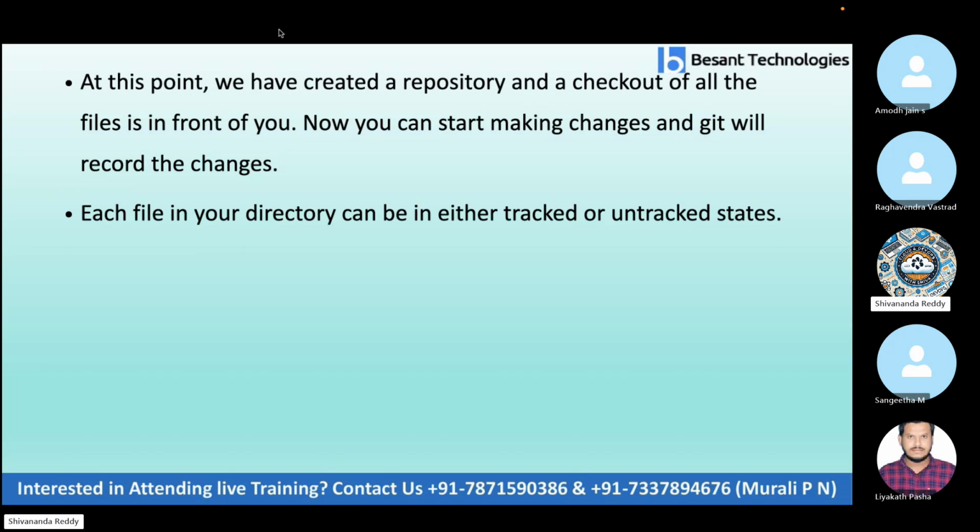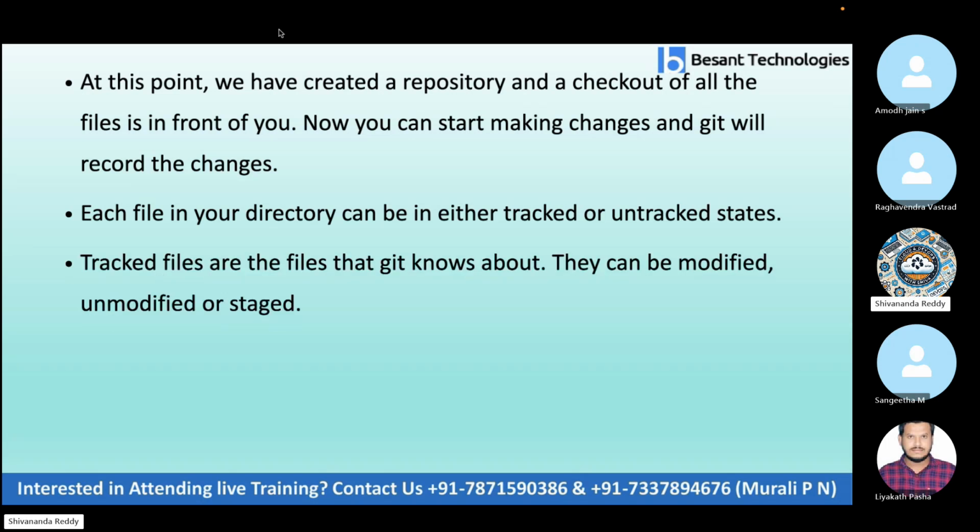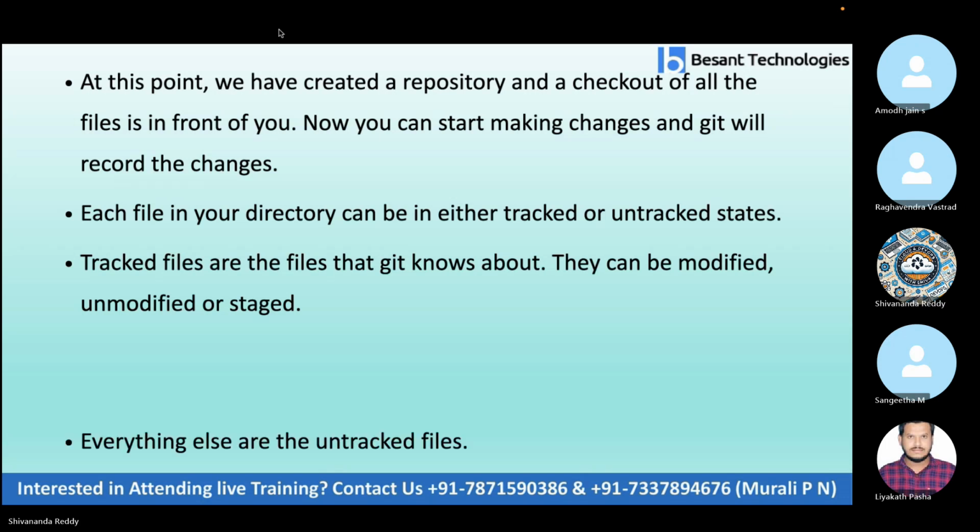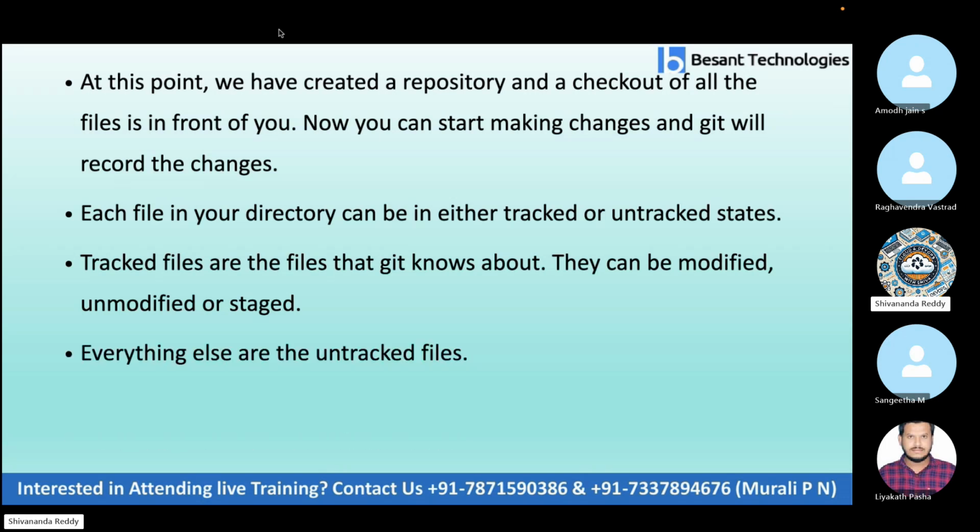Each file in your Git directory can be either tracked or untracked. Tracked files are the files Git knows about, and they can be modified, unmodified, or staged. Everything else are the untracked files.